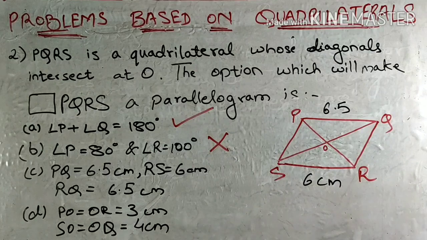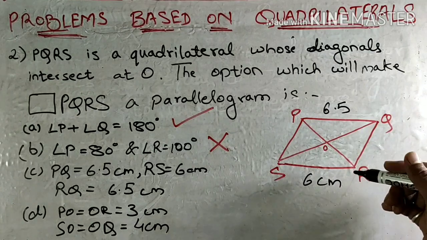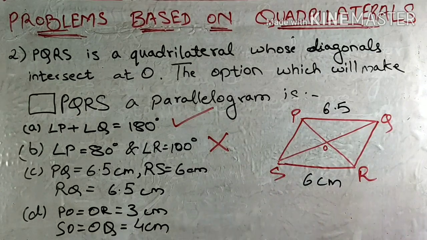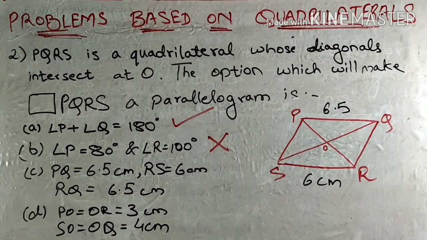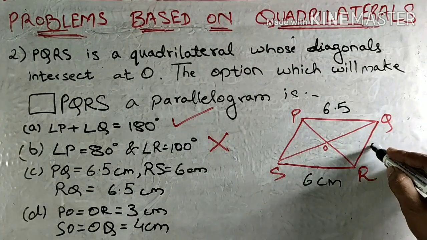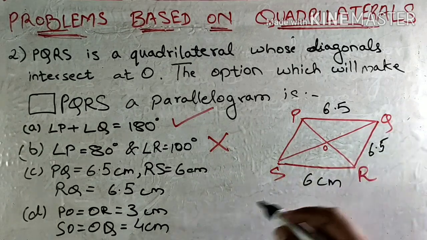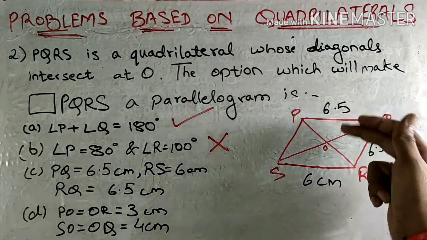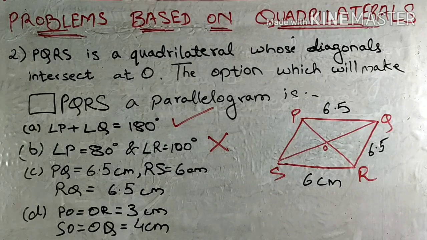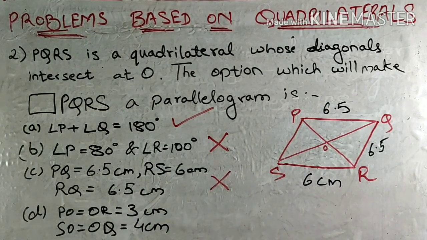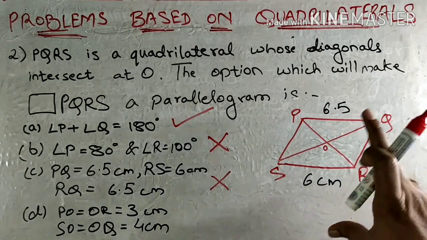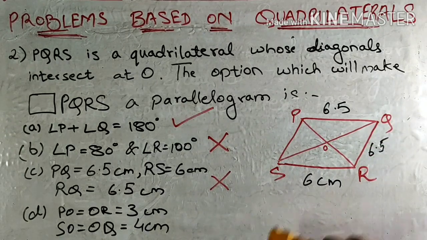So this is not holding at all, because opposite sides of a parallelogram are parallel as well as equal. RQ is 6.5 centimeters. No need to look for the third measurement itself, because the opposite sides are not equal. Hence, this will also stand to be false if my quadrilateral is supposed to be a parallelogram.